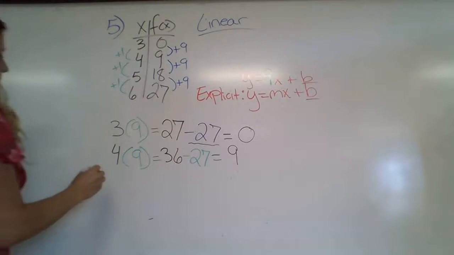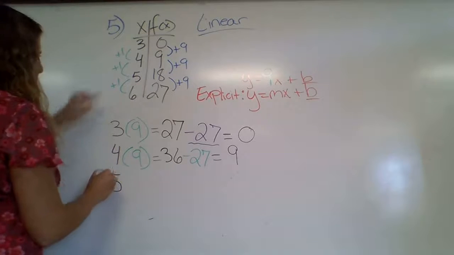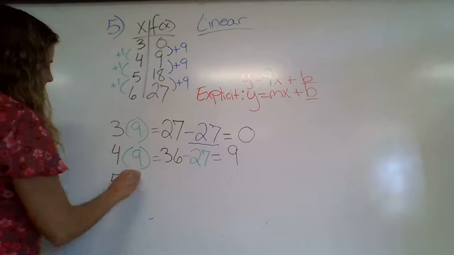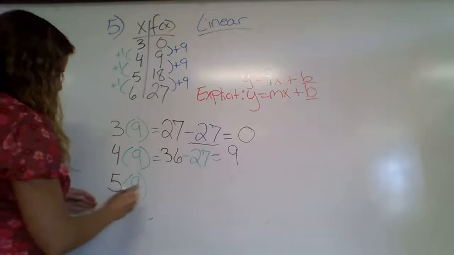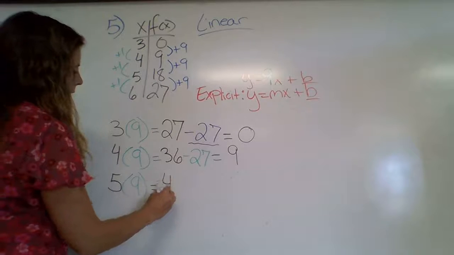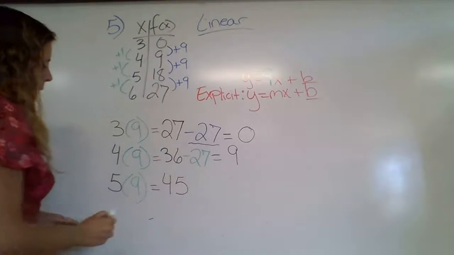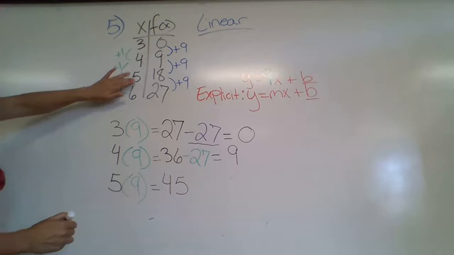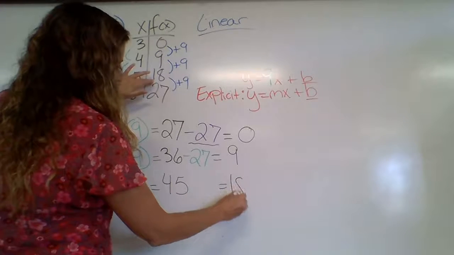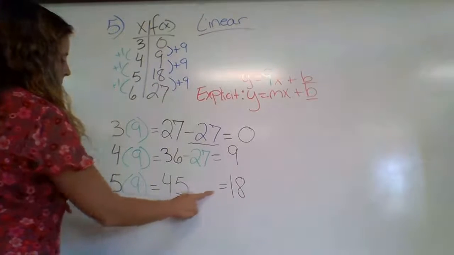If you want, you can try one more. So take x equals 5, multiply by your slope. 9 times 5 is 45. But when x equals 5, y should be 18. So what are we doing?